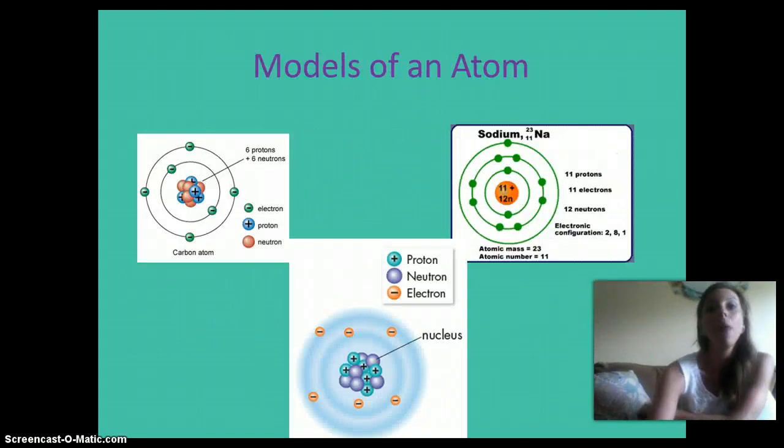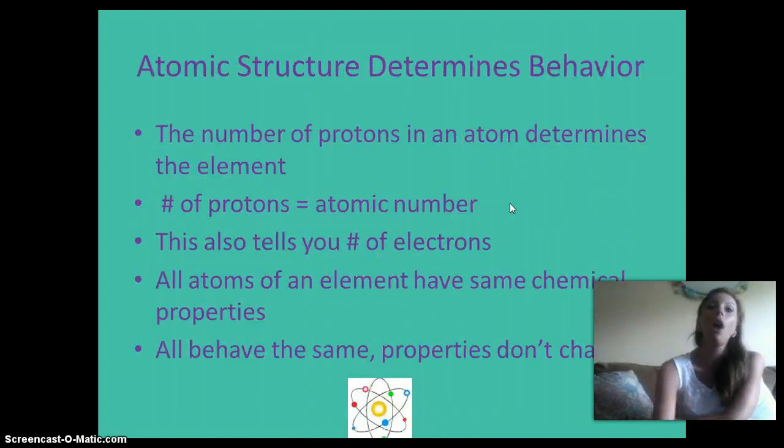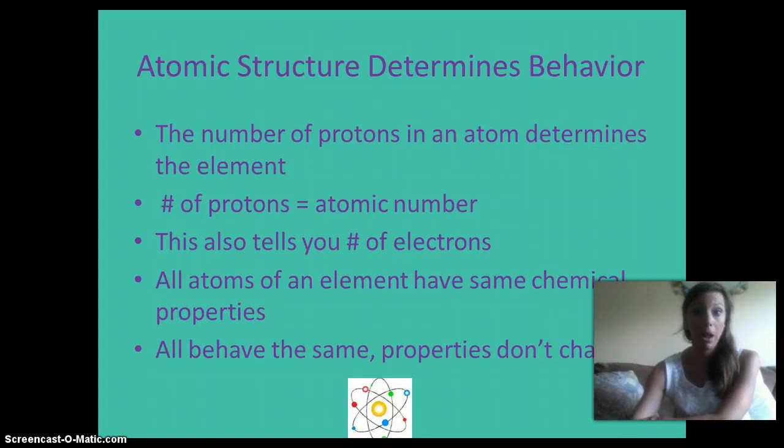So these are just some models of an atom. You can see that in the center we have our protons and our neutrons, and circling the nucleus we have our electrons. So these are just various forms. These are called the Bohr models here. So the atomic structure, or how many protons an atom has, determines what element we are working with.